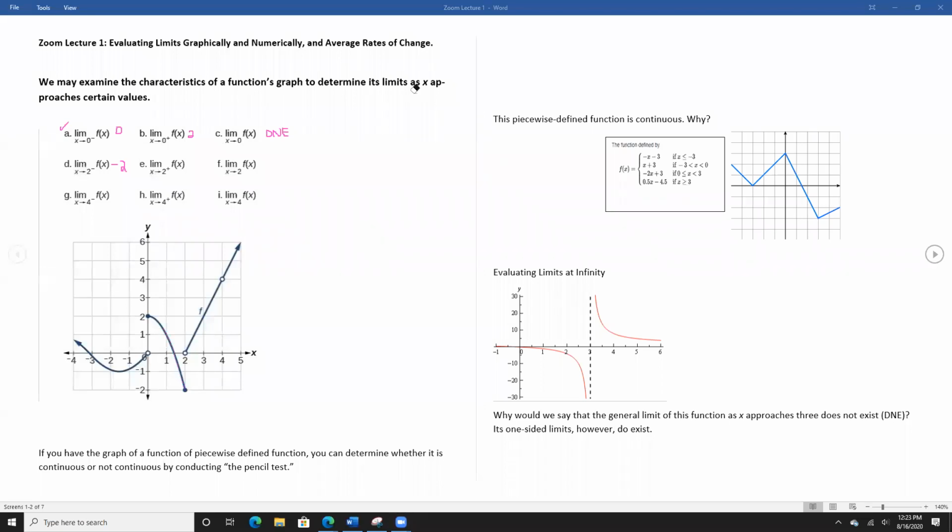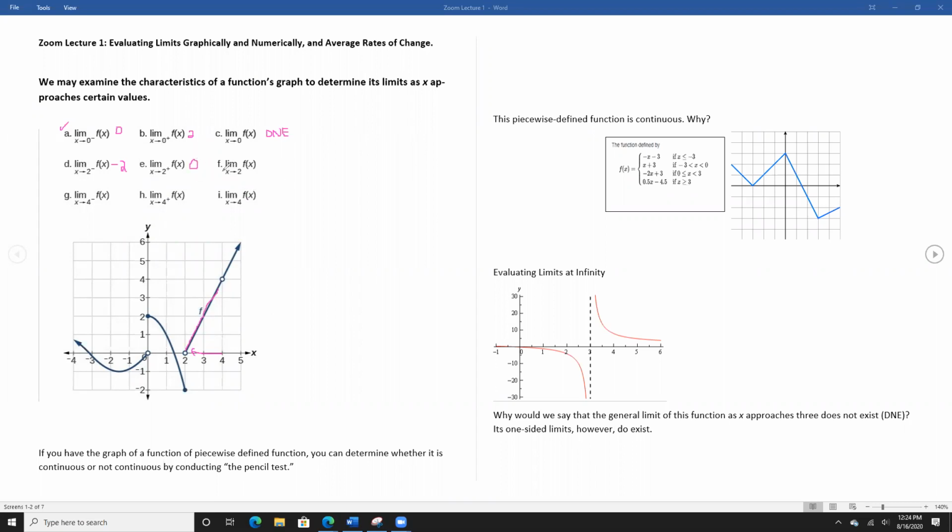What about the limit as you approach 2 from the right? This would be part E. Well, if you're approaching 2 from the right, x is moving in this direction. And if y follows suit, it's going down toward the value 0. So the limit as x approaches 2 from the right would be 0.